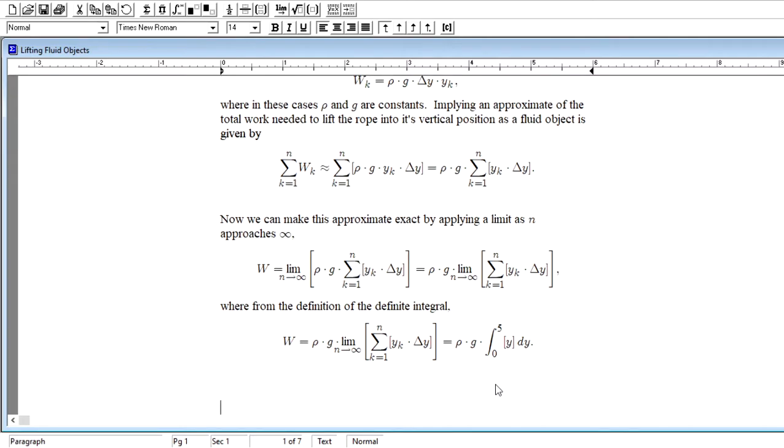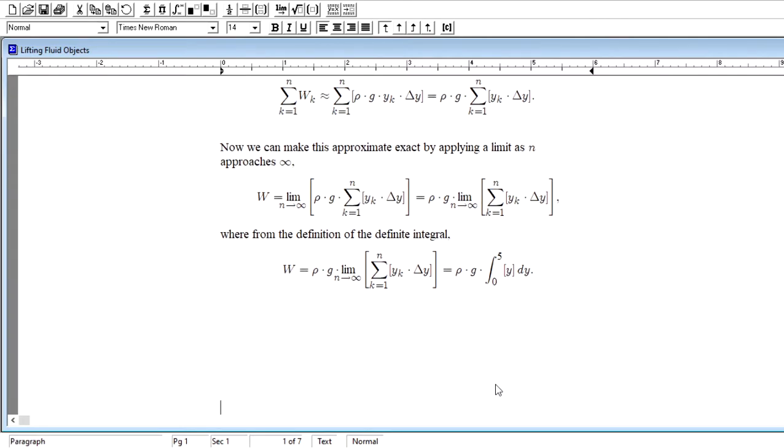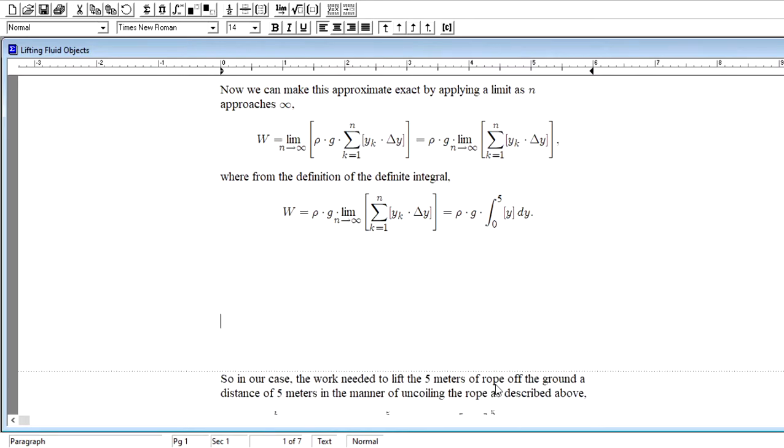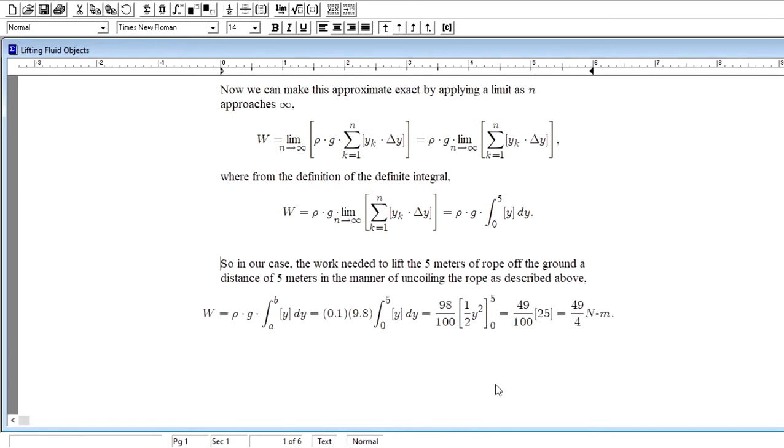Because that is our interval over which we are integrating in this specific case. So in our case, the work needed to lift the 5 meters of rope off the ground, a distance of 5 meters, the distance over which it's going to behave like a fluid, would be given by the following integration calculation here.